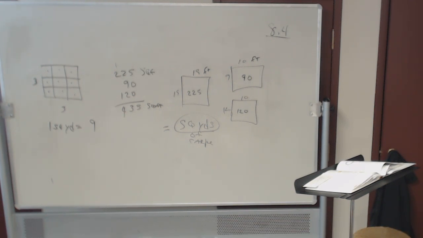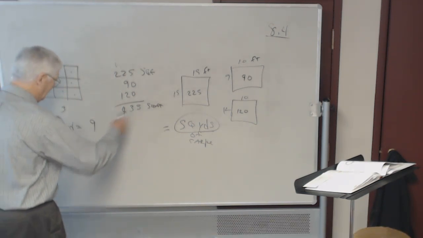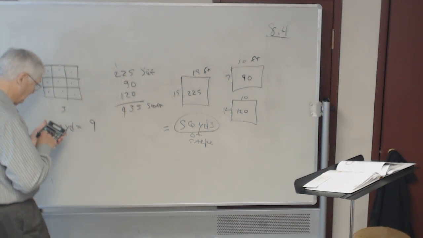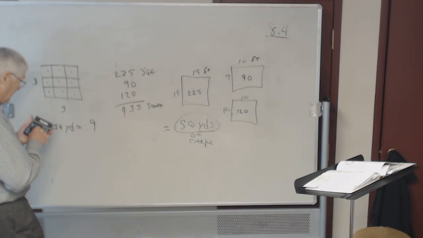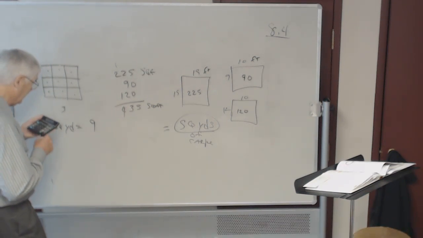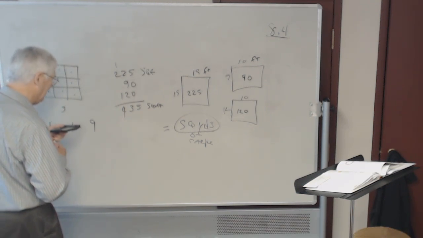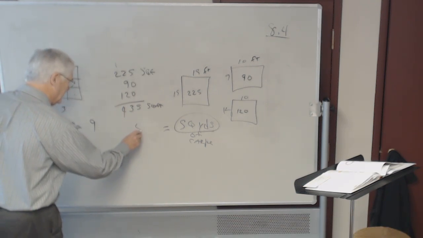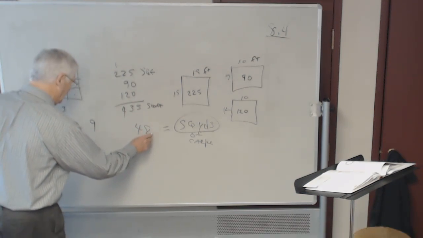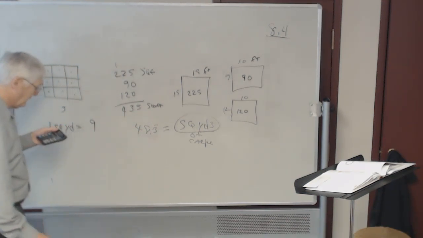And when you teach that to little kids, you better just draw the picture and say, there's a yard, 1, 2, 3 feet, 1, 2, 3 feet. 1 square yard is 9 square feet. So 435 square feet, 435 divided by 9 would tell me, is that right? 48.3 square yards.